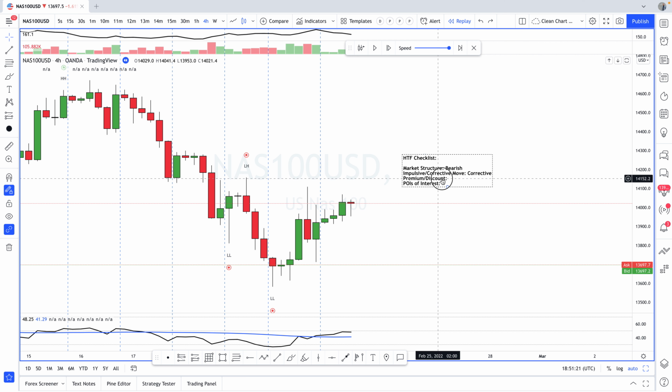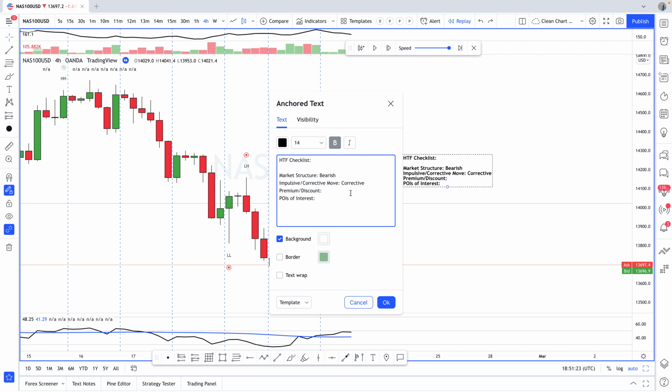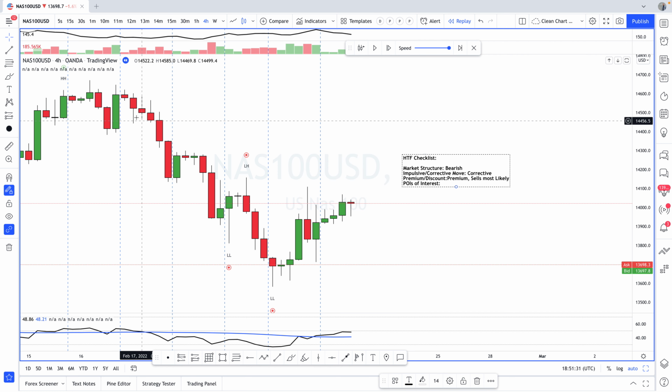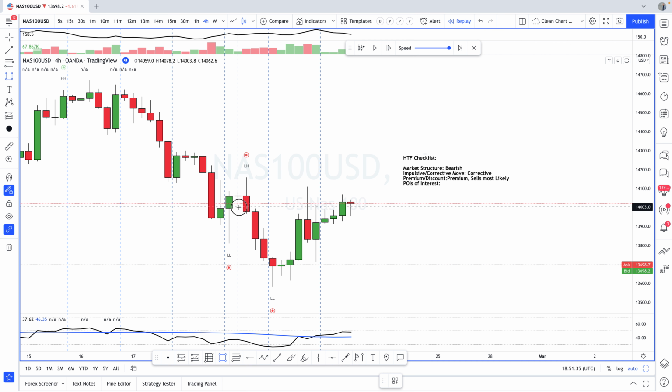The last thing we're going to check is our POIs, or points of interest. There's one key point of interest that I'm going to take, this one right here, and it looks like this is the zone we're at right now.